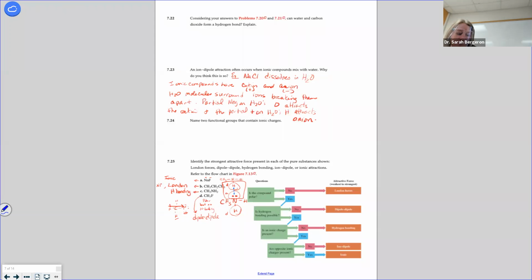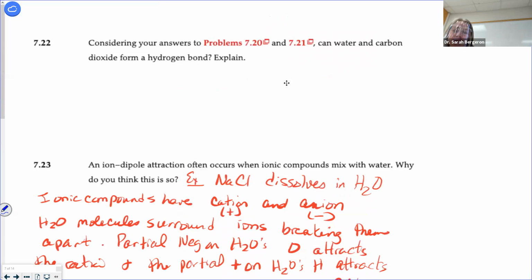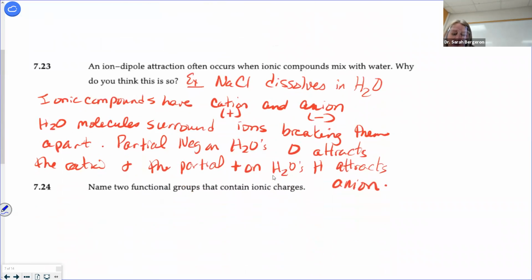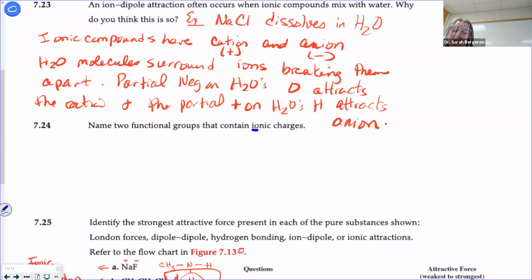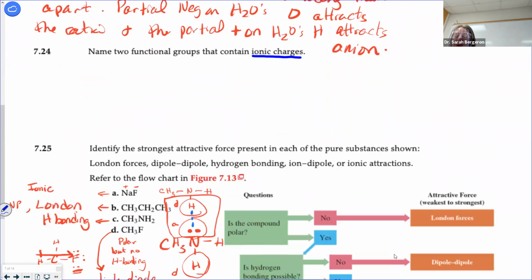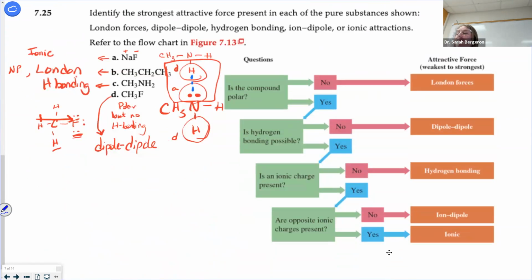Name 2 functional groups that contain ionic charges. Why is it important to know what functional groups carry ionic charges? Because they can participate in a different kind of intermolecular force. So if we skip down real quick, these are all of our intermolecular forces. What is the definition of an intermolecular force?